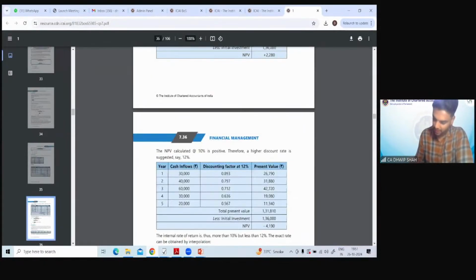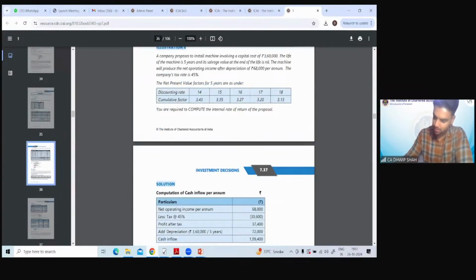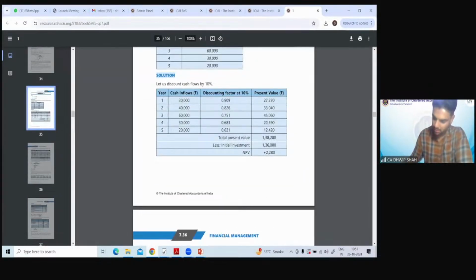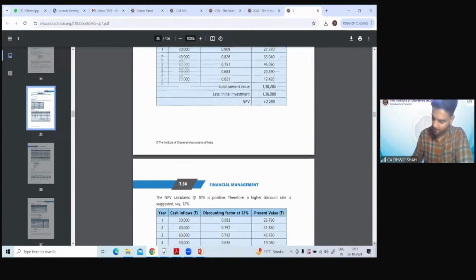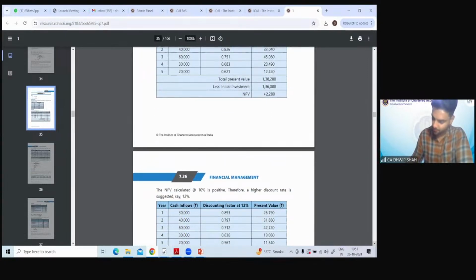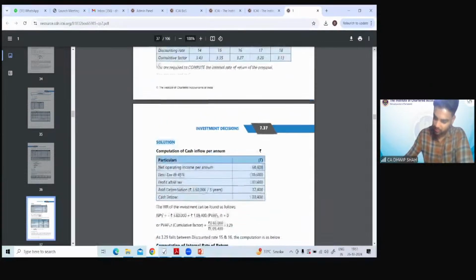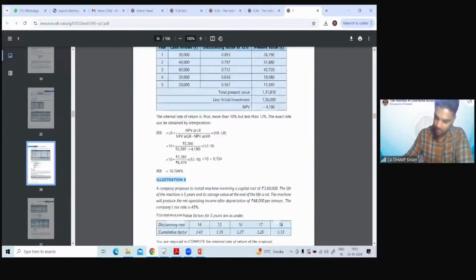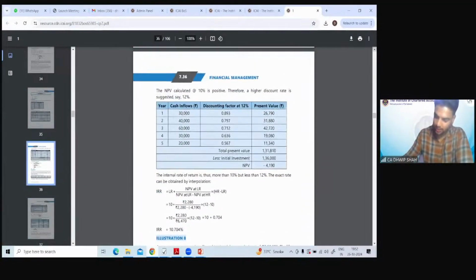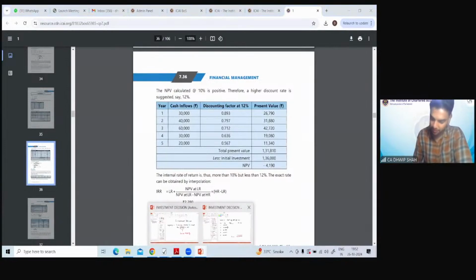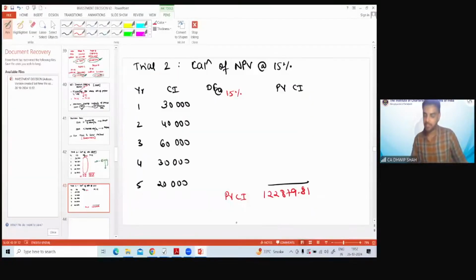They have done trial 2 at 12%, but no worries, we can try it at 15% because it is advisable to take a gap of 5%.